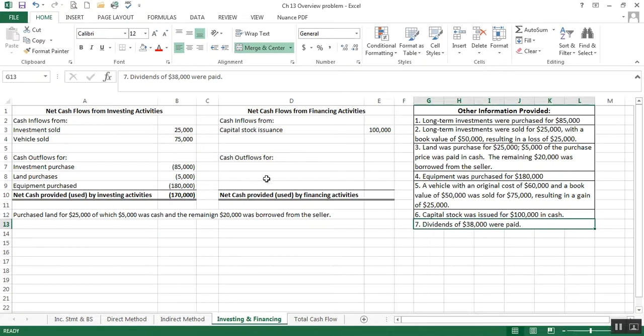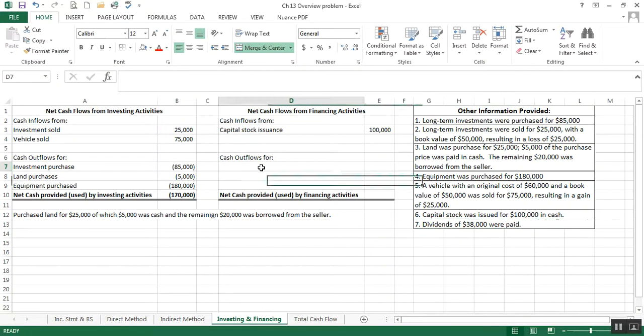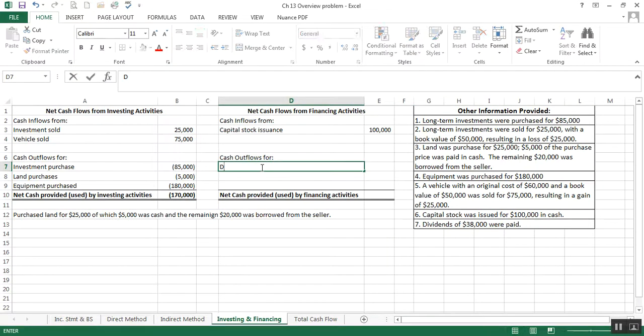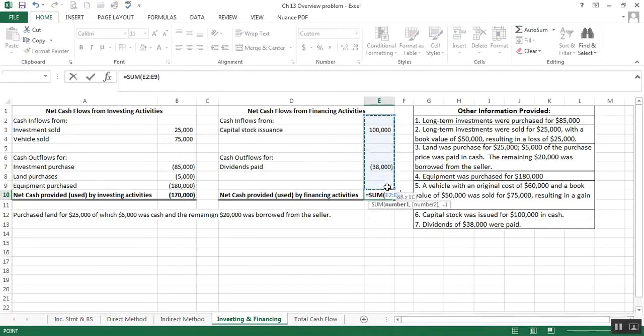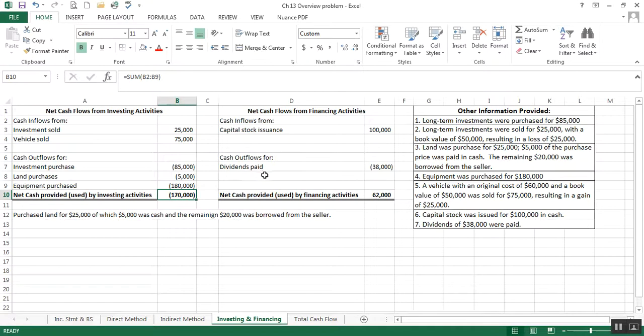So again, that's an equity item. It's dividends for our stock that we paid to our shareholders, so it's a cash outflow. So dividends paid, cash outflow of $38,000. So our total financing activities is an increase in cash of $62,000, and our total used by investing is $170,000.